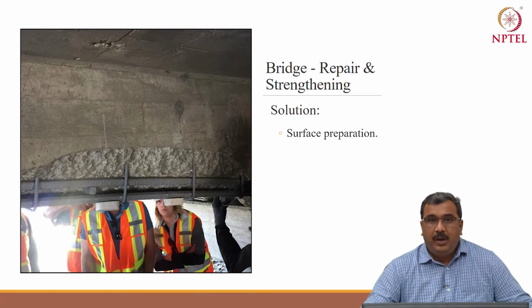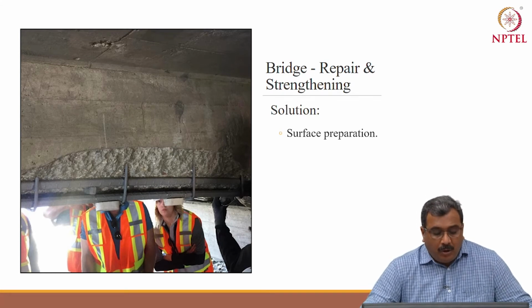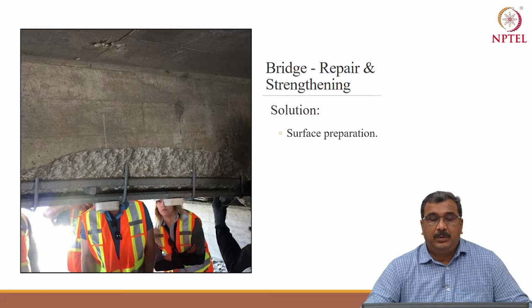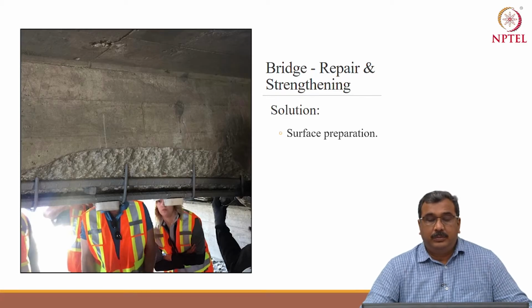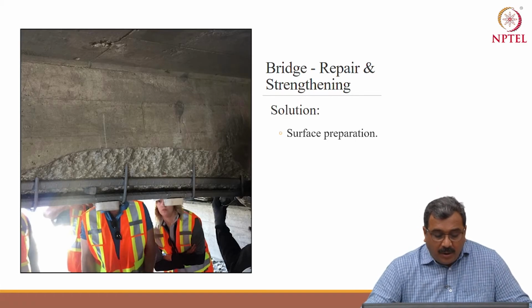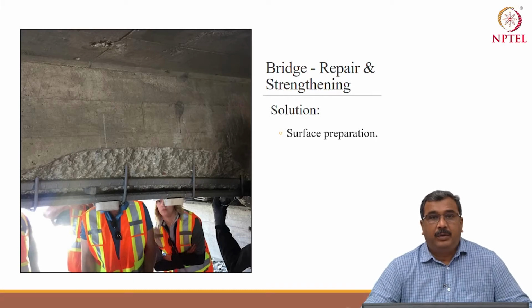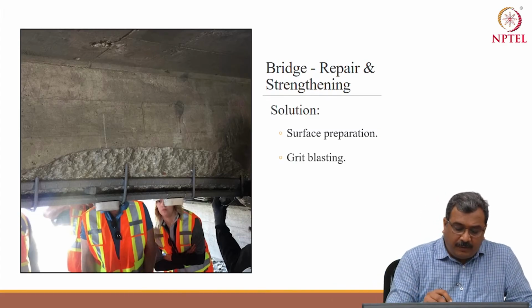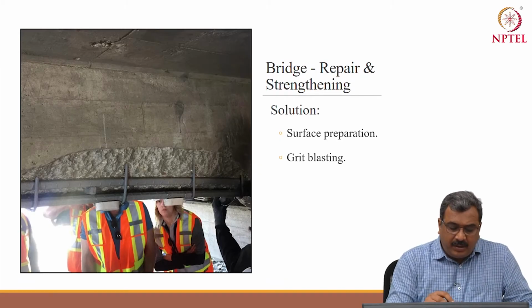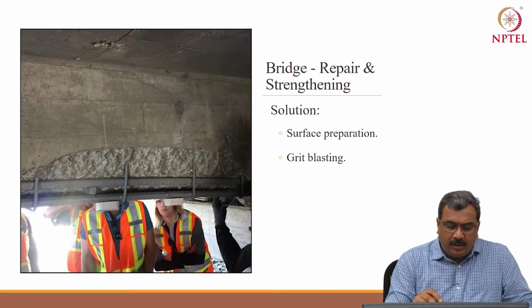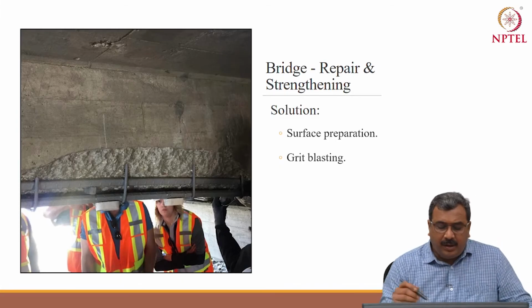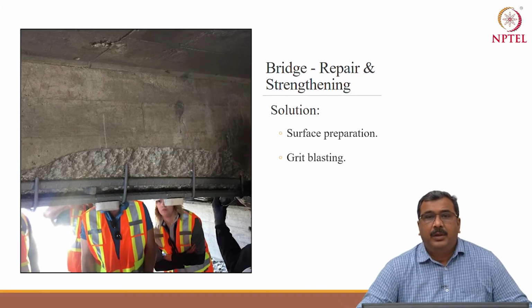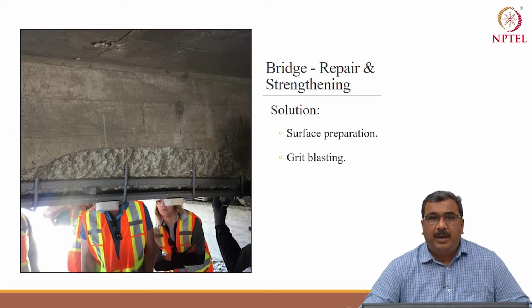The good quality concrete, although it may be contaminated, is not removed. All the steel reinforcement was grit blasted using copper slag. You see the quality of surface preparation. This is an old steel reinforcement, just grit blasted. It looks like SA 2.5 type cleaning of the rebar.